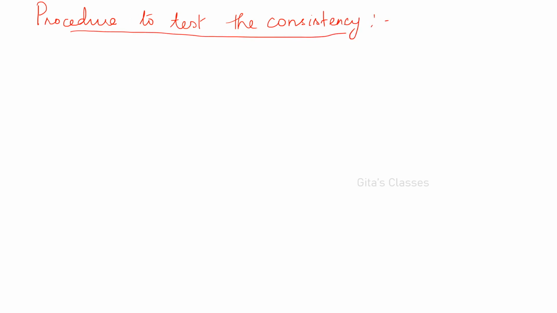Now we have a procedure to test the consistency. To test the consistency, you have to remember these things. You have to learn these by heart. Now, find the rank of matrix A and rank of matrix A comma B. What is A comma B?